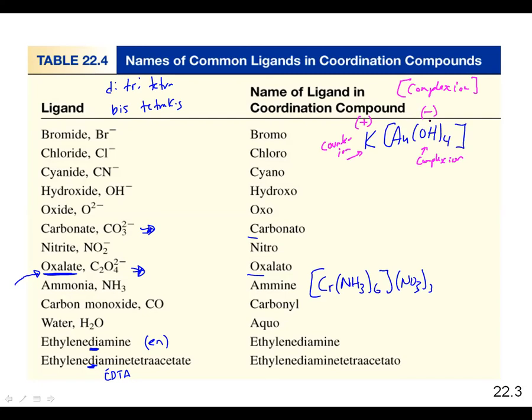The way that we name counter ions is very simply just like we normally would. If you had something like NaCl, you would call this sodium chloride. We would use the whole name here if it came first, right? If we had something like this and pretend this was our counter ion that came second, even though there's two of them, this would still be called calcium and just chloride.